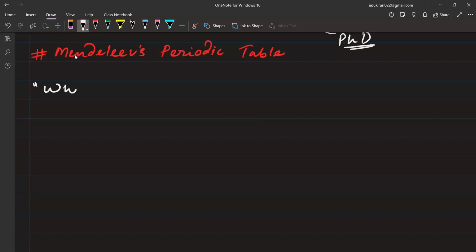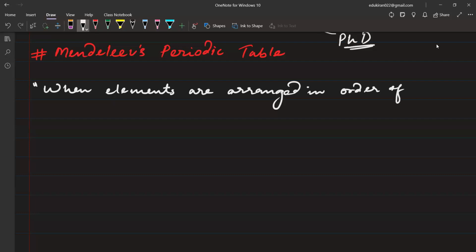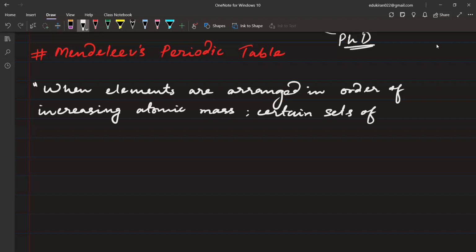He said that when elements are arranged in order of increasing atomic mass, certain sets of properties recur periodically.